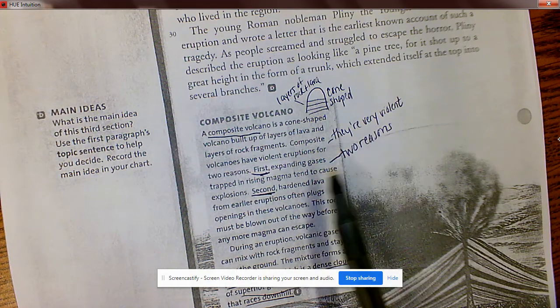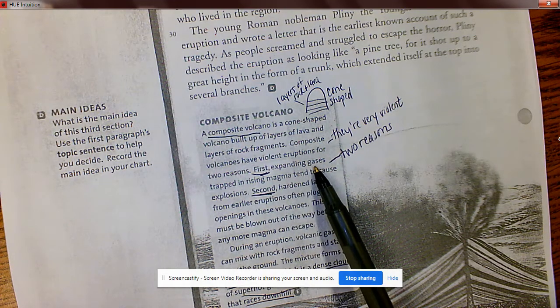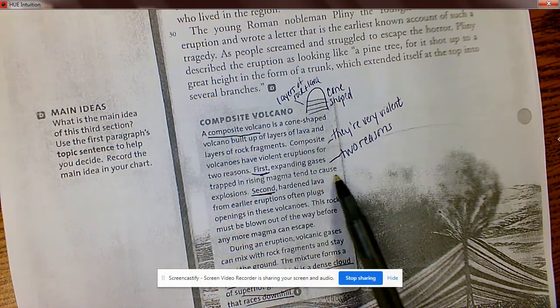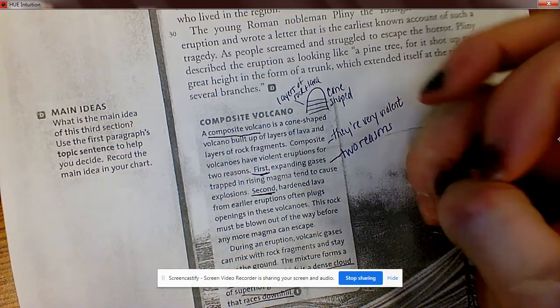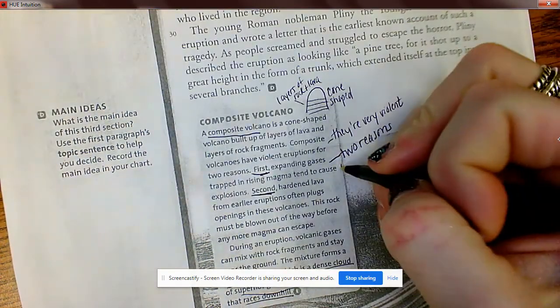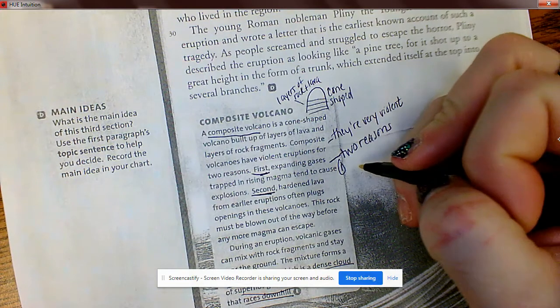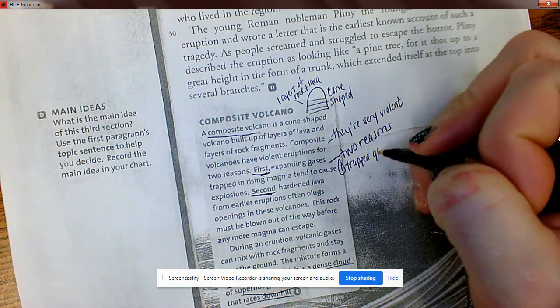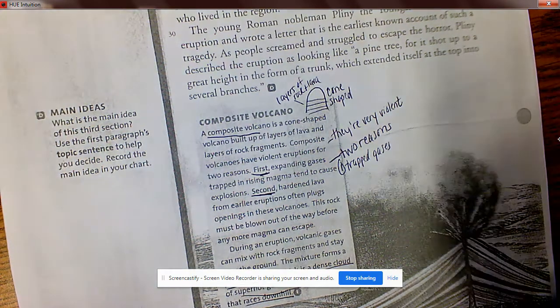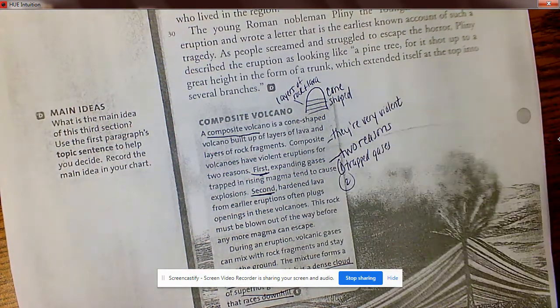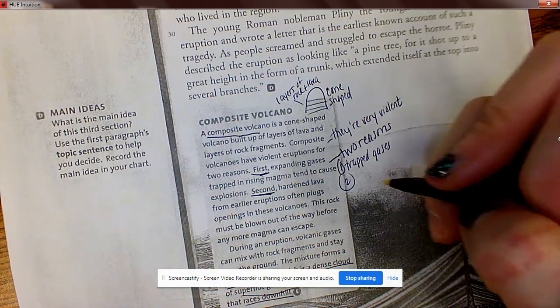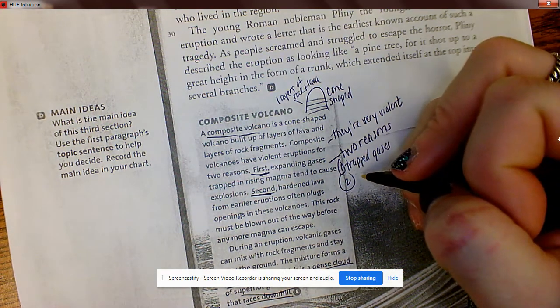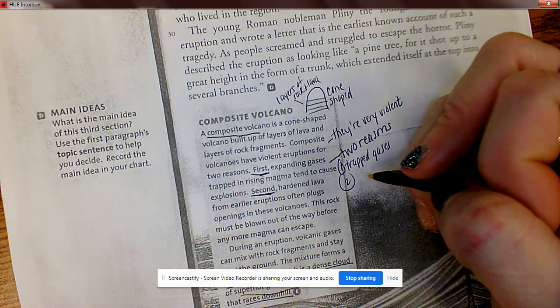So they're very violent for two reasons. Expanding gases trapped in rising magma tend to cause explosions. So two reasons. The first reason, trapped gases. And the second reason, hardened lava from earlier eruptions often plugs openings in the volcano.